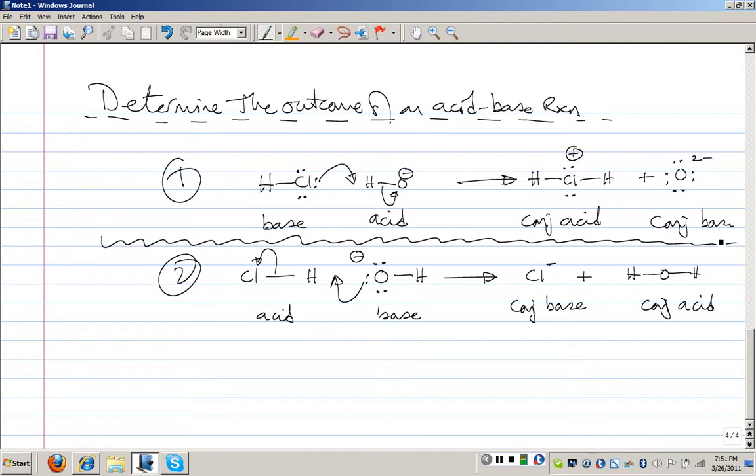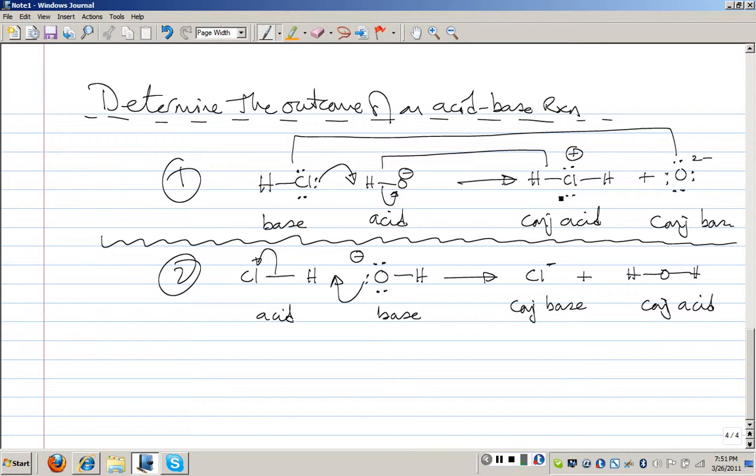What I need to do is ask the question, if I compare my bases, HCl versus oxide, or I compare my acids, hydroxide versus H2Cl plus, where is the strong species?